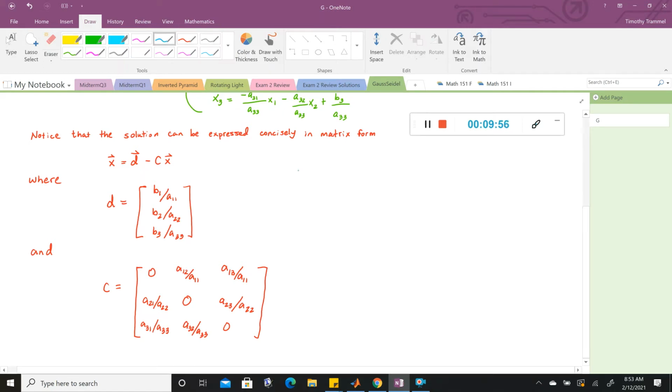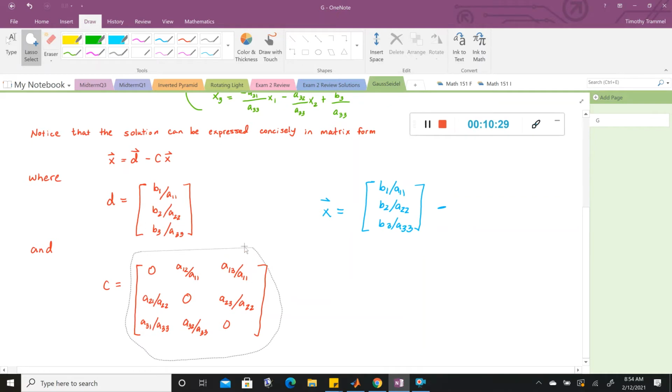So if we were to actually go and compute X equals D, so that'd be this B1 over A11, B2 over A22, and B3 over A33, and we were to subtract this other matrix, which maybe I'll just copy and paste. That might make it easier.